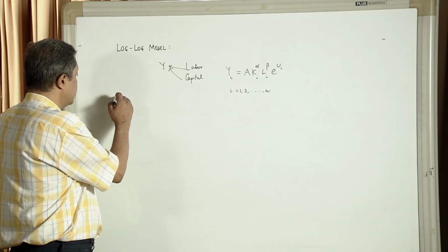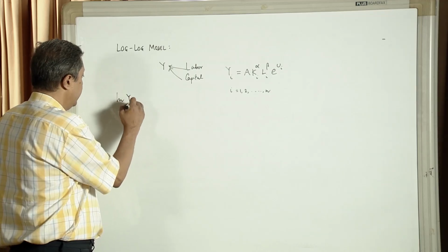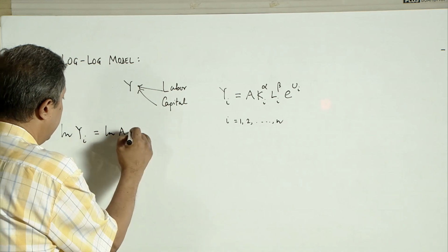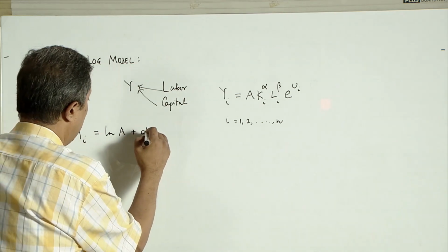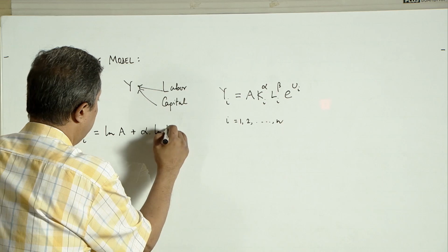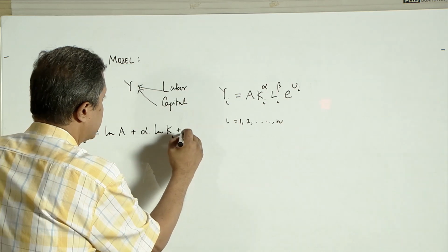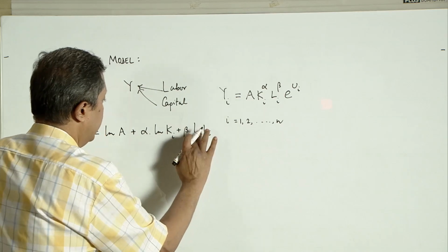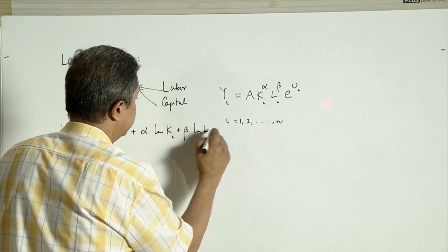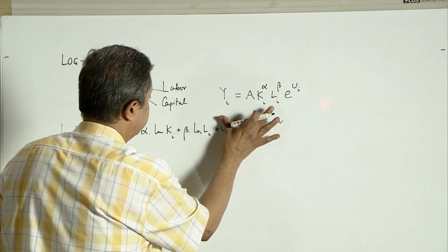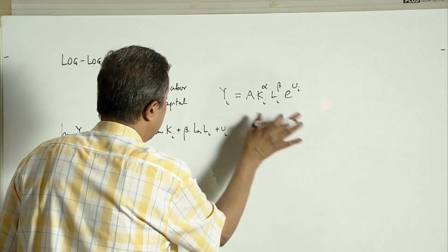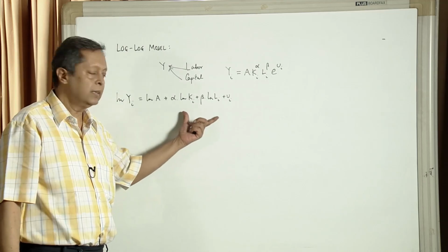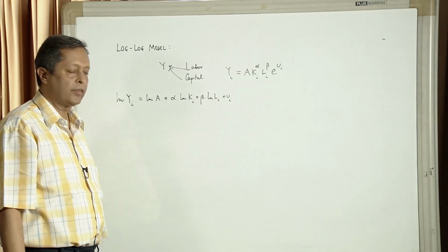So, what we get is log yi is equal to log of A plus alpha log of ki plus beta log of li plus ui. So, that once again is a standard classical linear regression model.